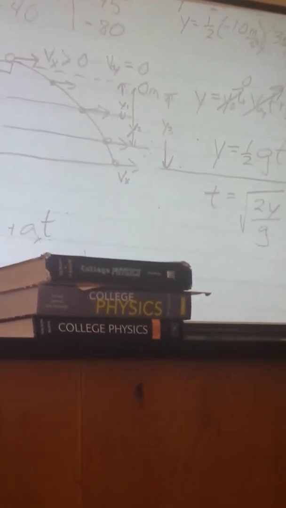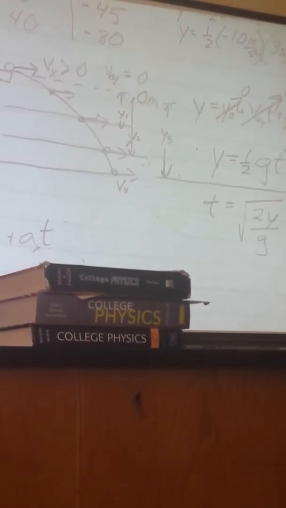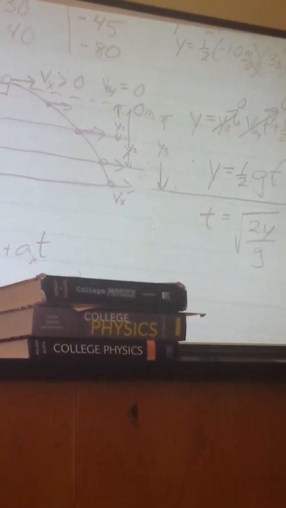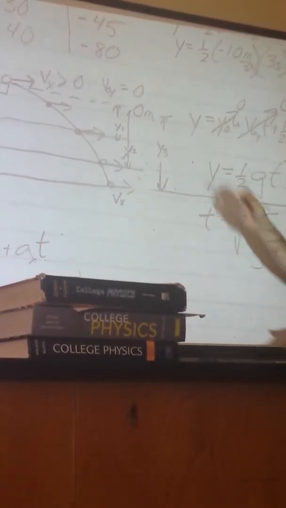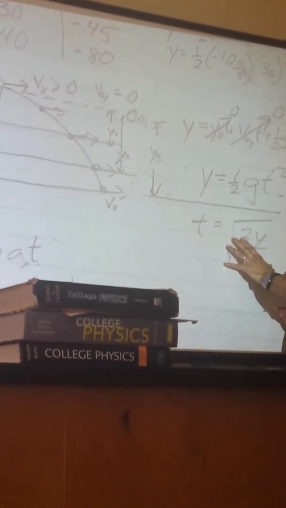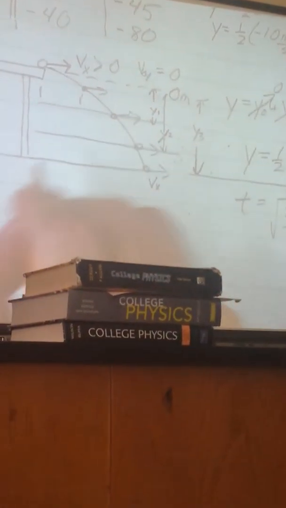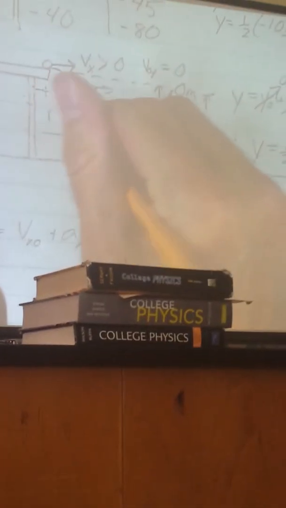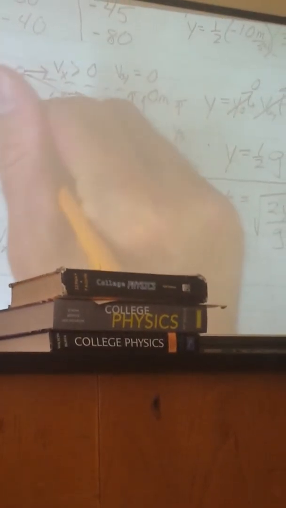Outstanding. What else do we need to know? What else do we need to measure? Distance. Which distance? Show me. Vertical. We've got the different vertical distances to get our time. Now we need the horizontal distances to get our horizontal displacements. Okay? So this might be your x1. This might be your x2.